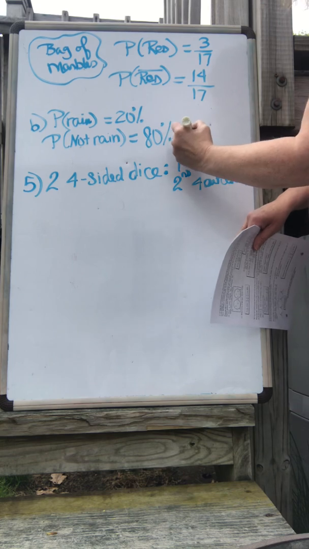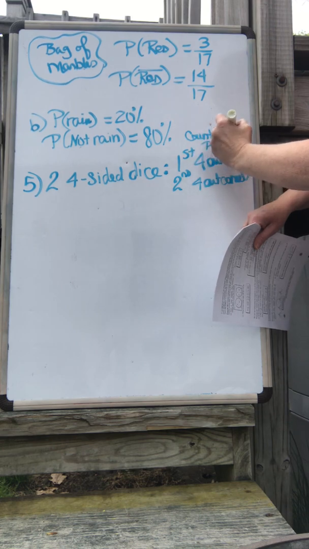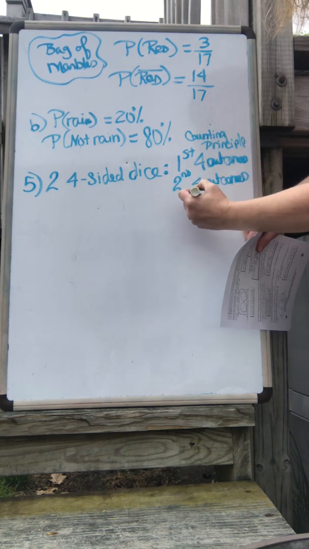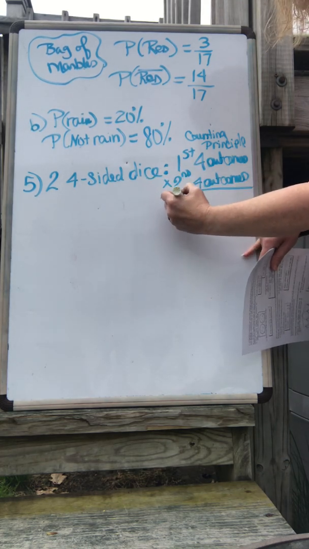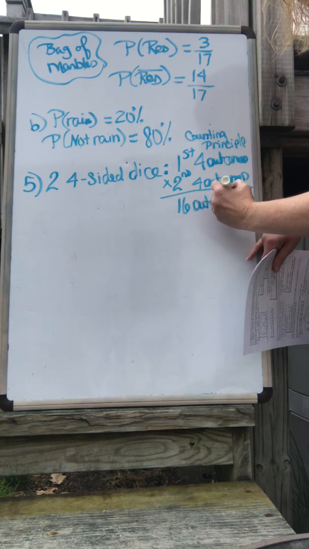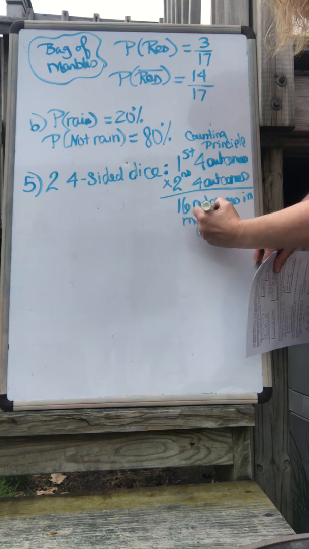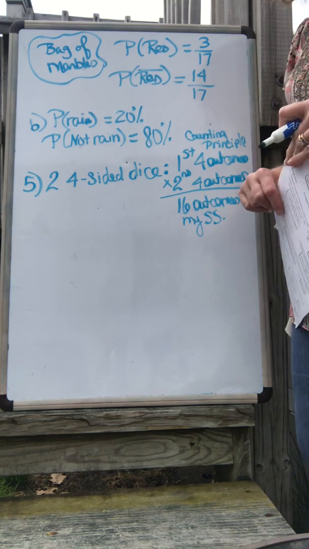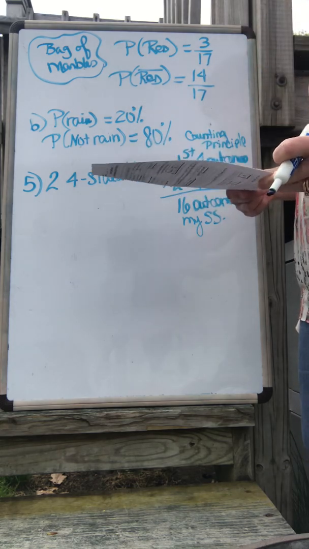And so using the counting principle, I multiply these together, and that gives me 16 outcomes in my sample space. If you do this for every problem, even problems that seem really easy, you're going to do a really, really nice job.